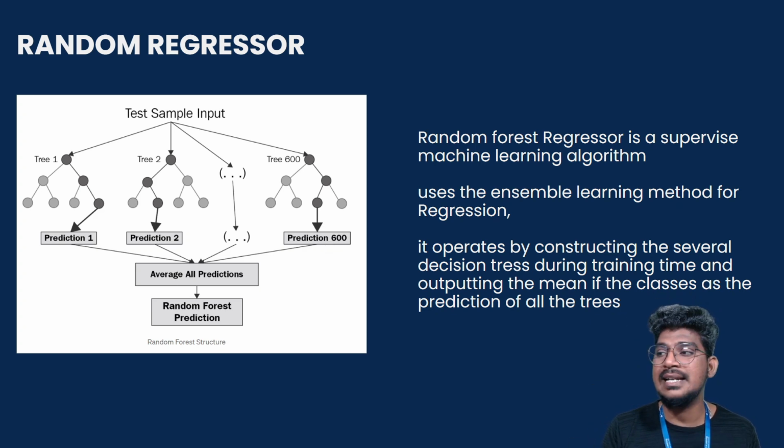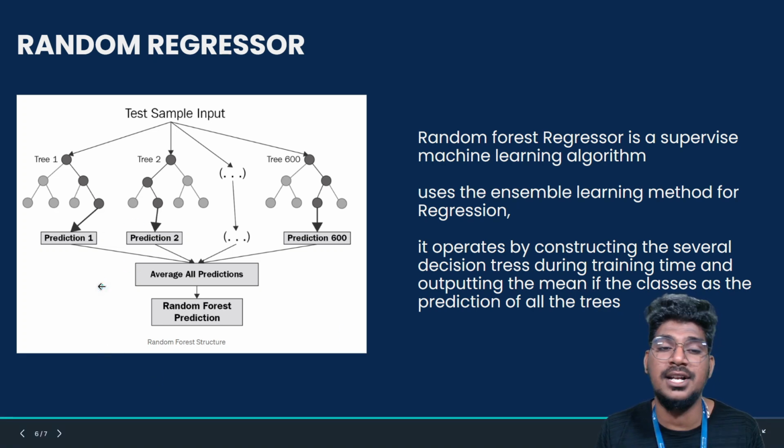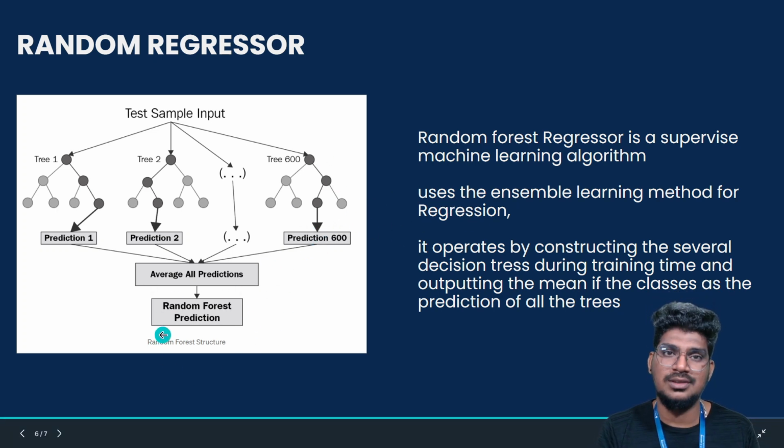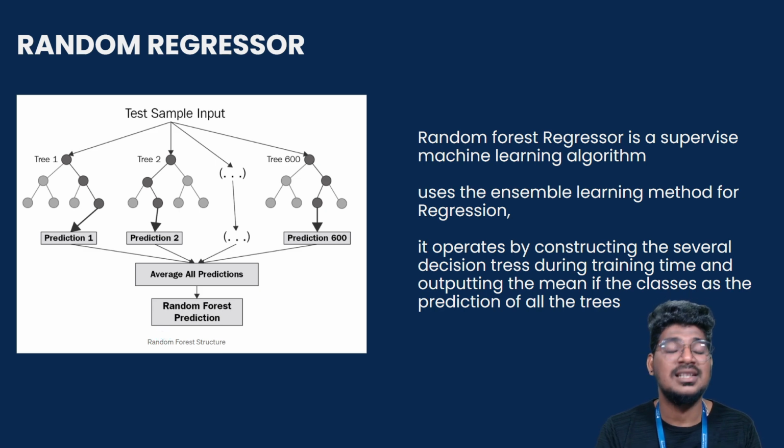Once we have those 600 predictions, we take the average of all the predictions. That averaged value is the output, the random forest prediction. That will help predict the future sale of each and every product based on certain conditions.